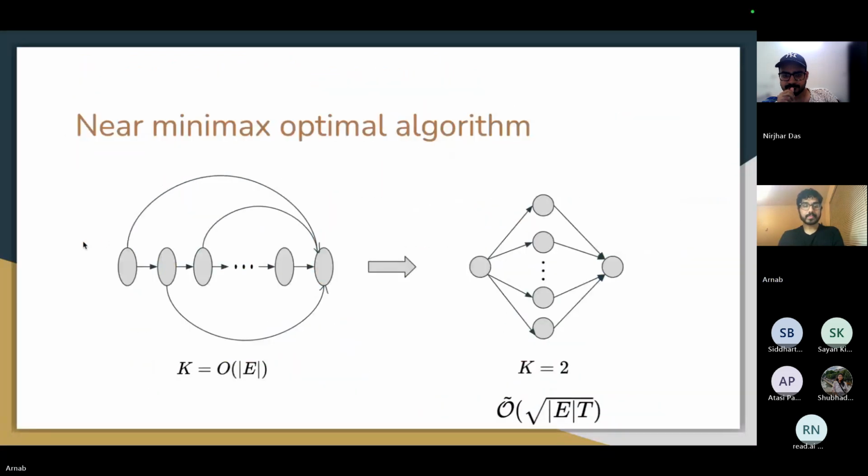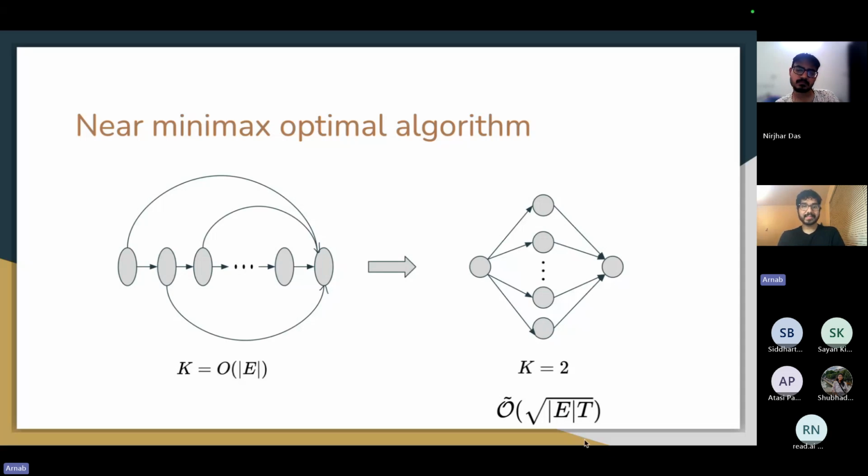And then for the other paths, in this simple example, there are only order K paths. So you can separate it out in some sense, and construct an equivalent problem instance such that the paths are one-to-one mapped and the costs of the paths are also equal. So instead of running your algorithm on this, we can run our algorithm on this. And in this graph, K is equal to 2, so I can recover the square root of E T kind of guarantee.